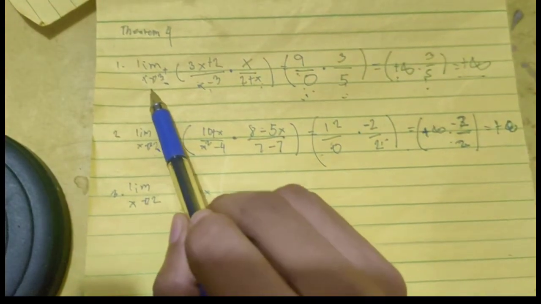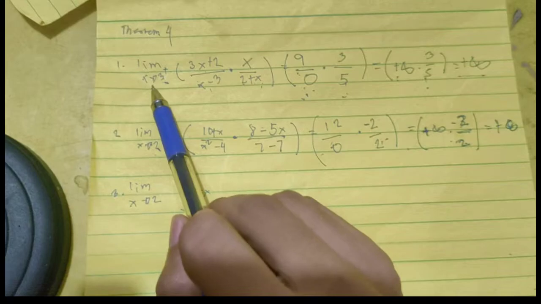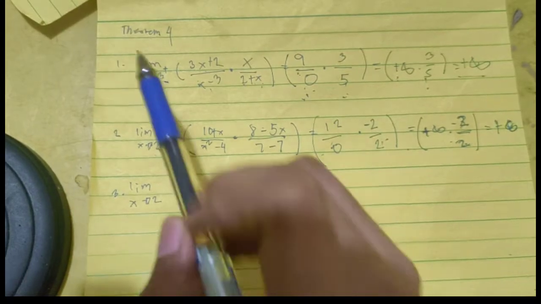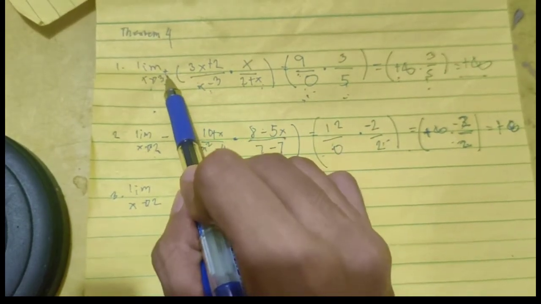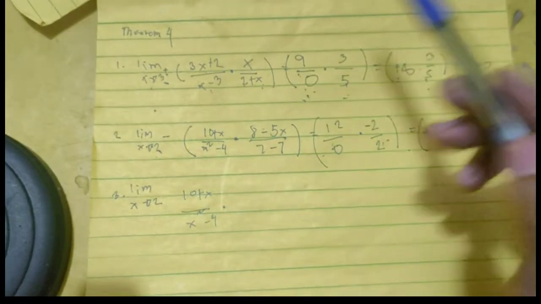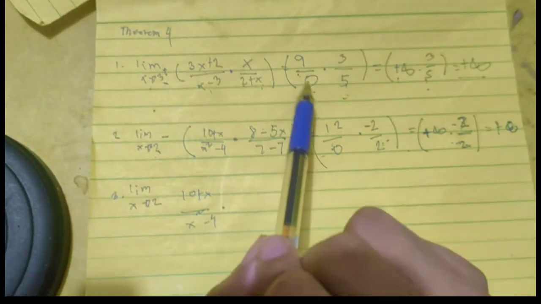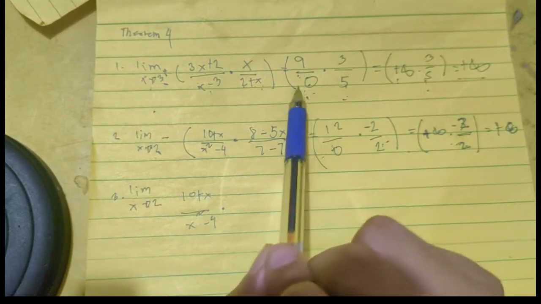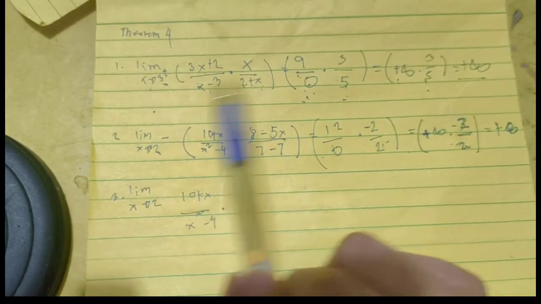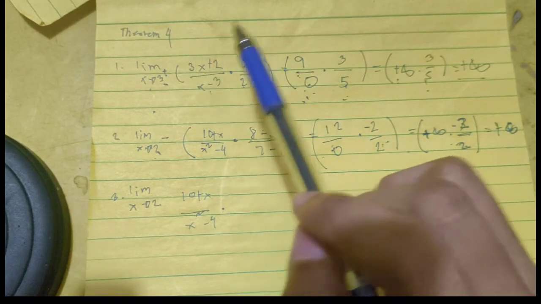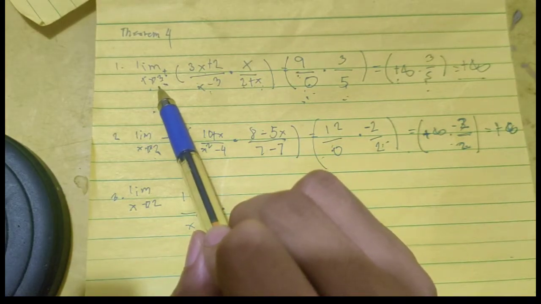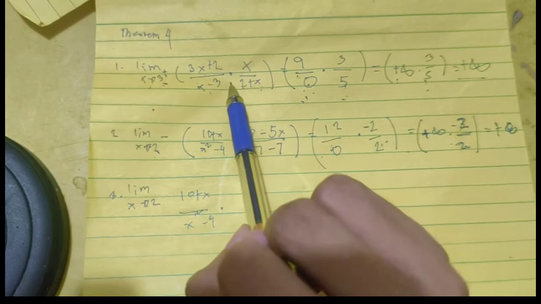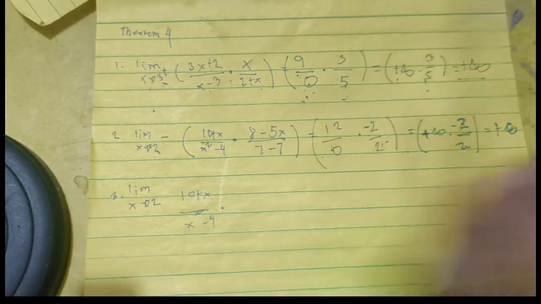The limit is approaching from the right. As you can see, it's positive. It's approaching from the right. Now our answer is positive infinity. Both are positive infinity. If you remember theorem number 2, the limit approaching from the right and the constant is positive, then we should get positive infinity.